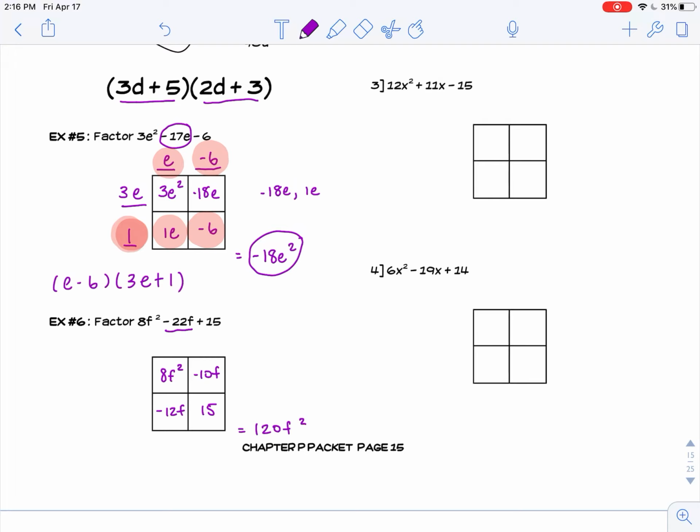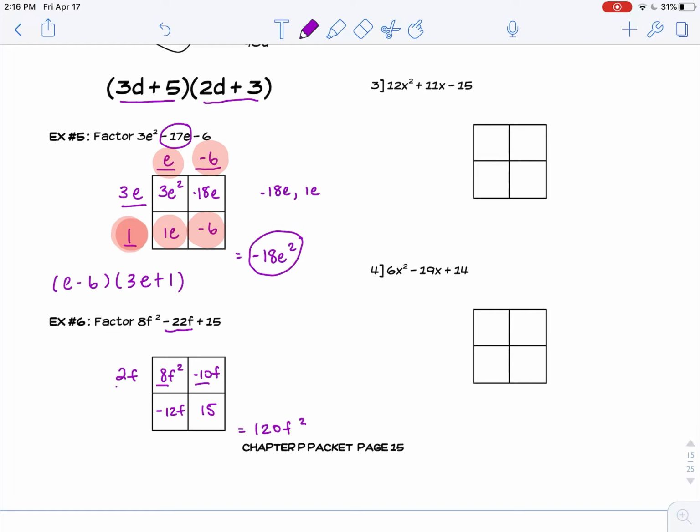Negative 12f plus negative 10f is negative 22f. If you multiply those, you get positive 120f squared. Now, we look. What's the GCF of 8f squared and negative 10f? You can only divide those both by 2 and by f.